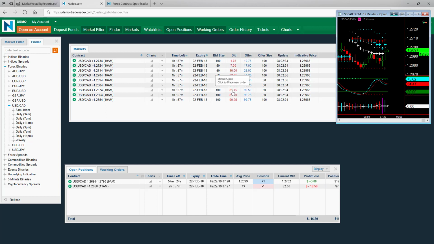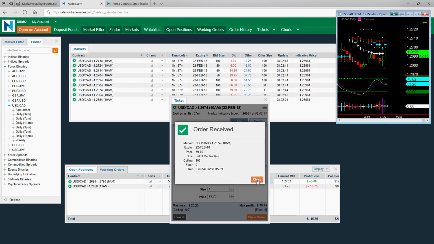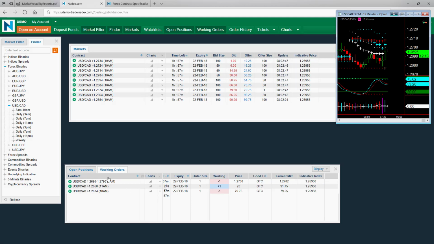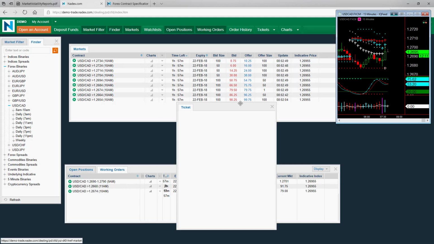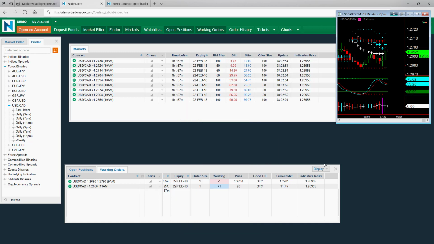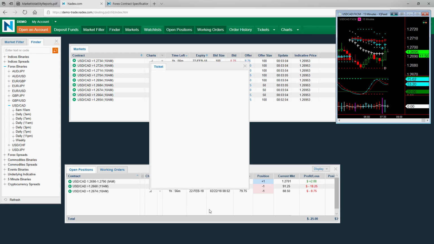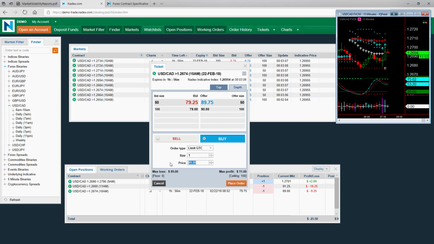Okay, I'm looking for something around 19 bucks. So we can get this one at 26.74 for just about 20. Sometimes you have to continue to click and amend your order. So now we have this one, and it's the 10 a.m., and we have about $20 of risk on that. So I want to go ahead and go in and set a target, and I'm going to set it at 15.